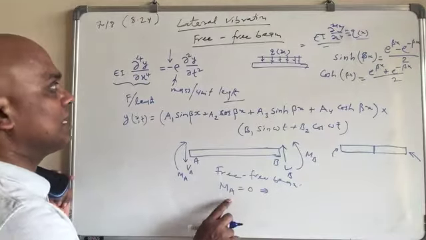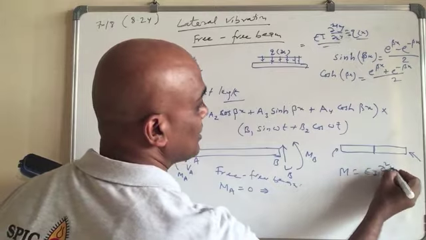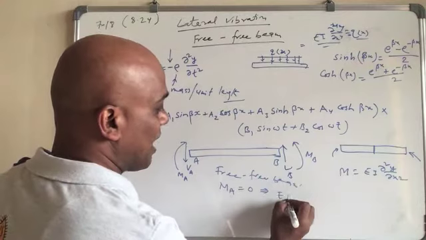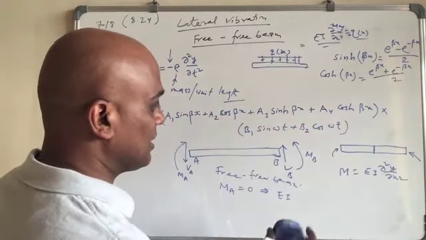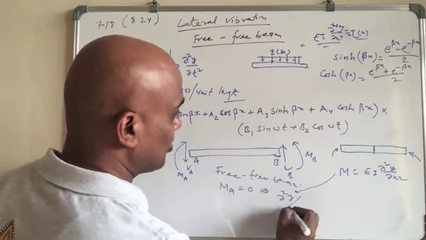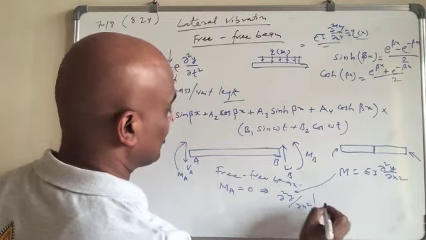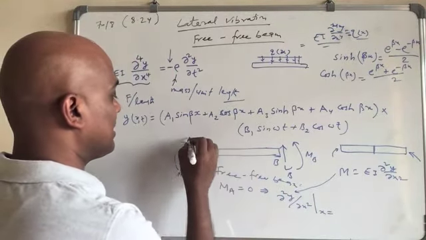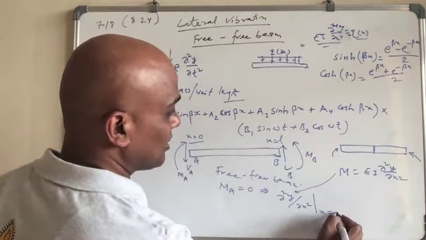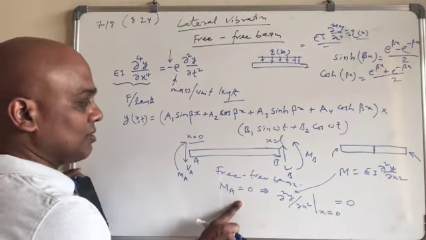M is given by EI del square U over del X square. Let's call this end X equal to 0, and this X equal to L. So del square U over del X square at X equal to 0 is equal to 0, since the bending moment is 0.